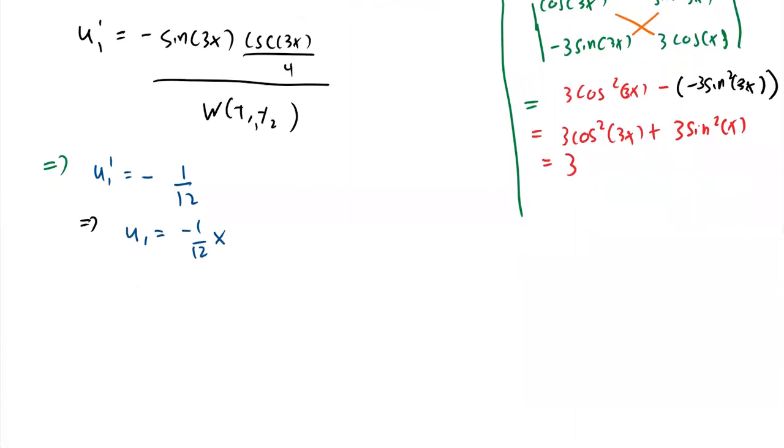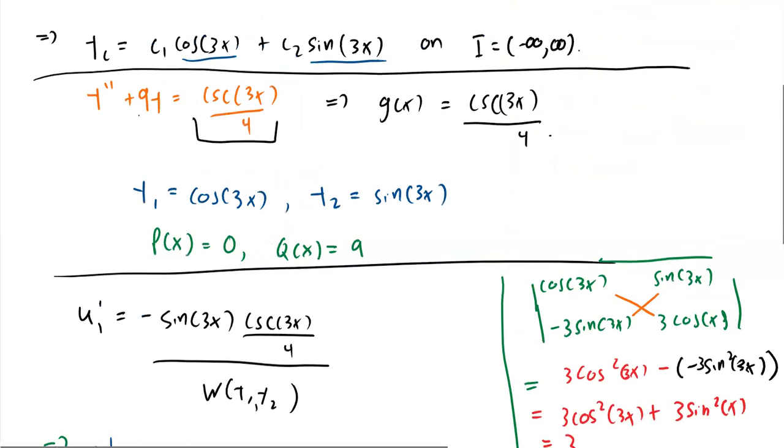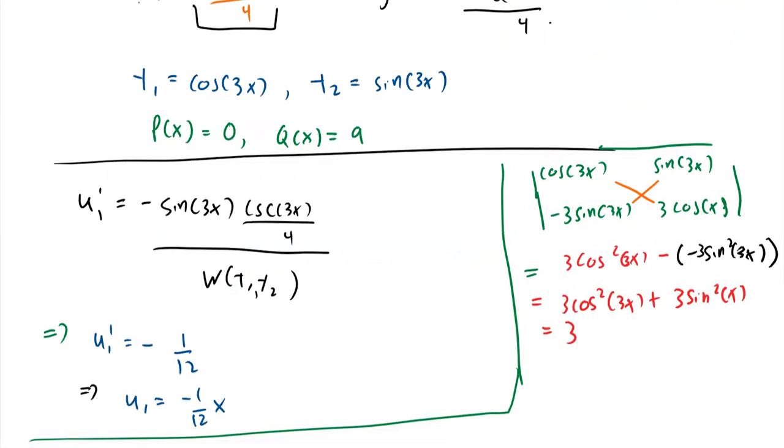Let's find u2. So that's this work. Now u2 prime, just using the formula, is, so now we're using y1 instead of y2.